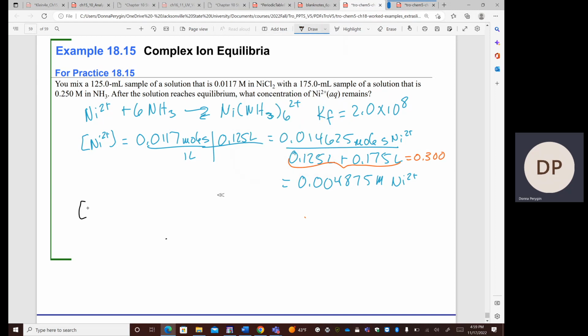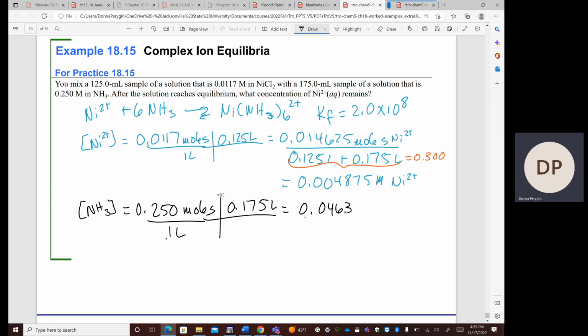So let's go ahead and calculate the new concentration of ammonia after we mix them, but before we form the complex. 0.250 moles of ammonia per liter, that's our concentration, times 0.175 liters equals 0.0463 moles per 0.3 liters equals 0.1458 molar. All right, so that's our new concentration of ammonia.